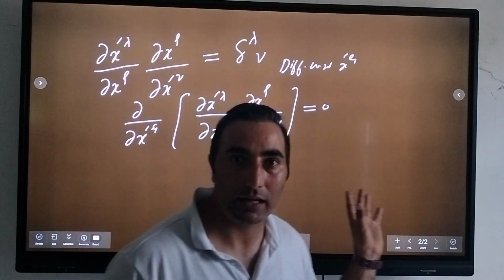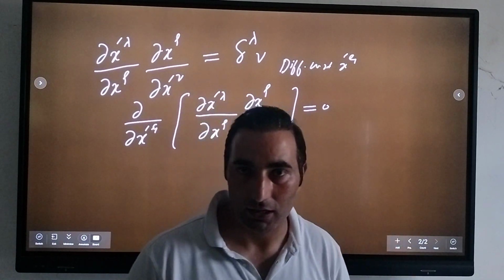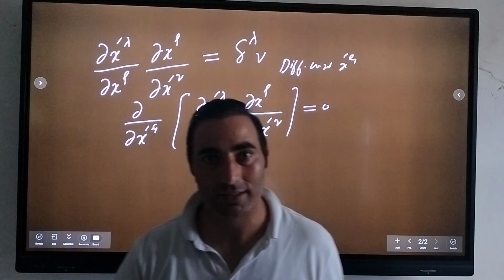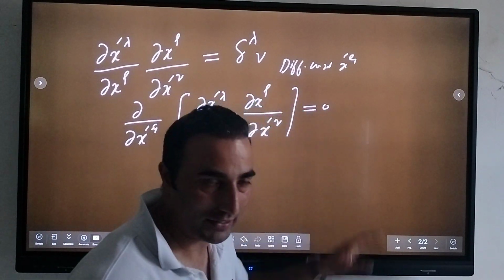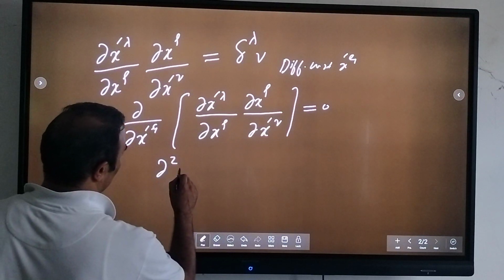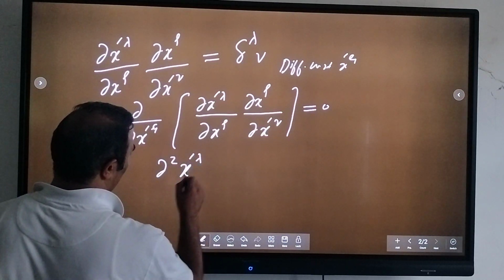Now if you have a look at our left hand side, let us differentiate it partially. First we differentiate the first term, then you differentiate the second term, right? So you can rewrite this term as partial x prime lambda.